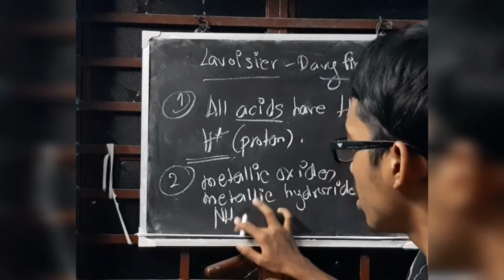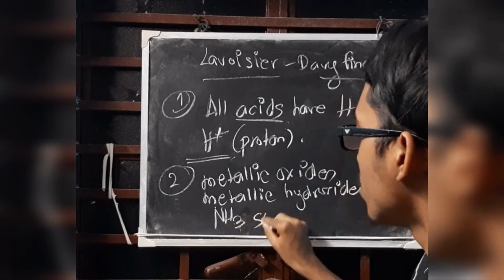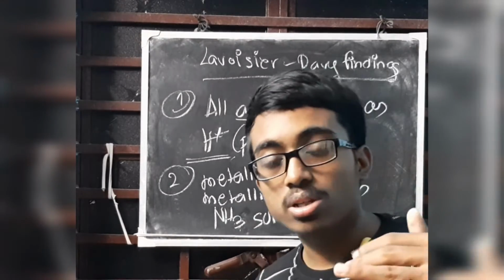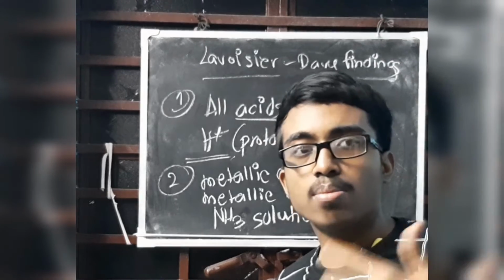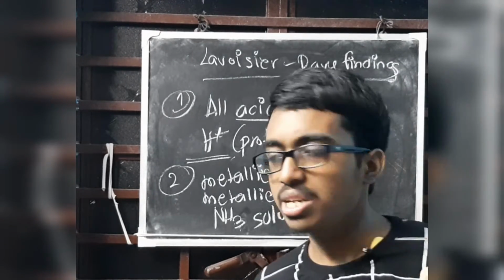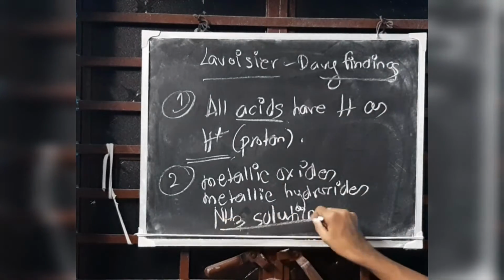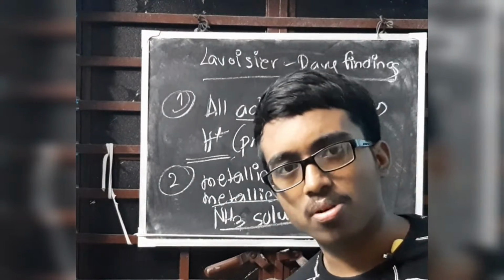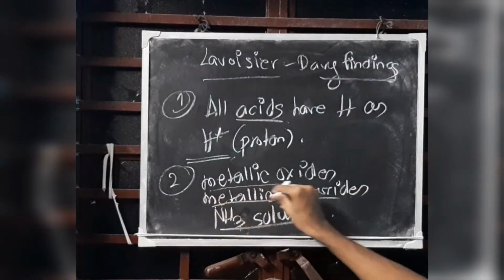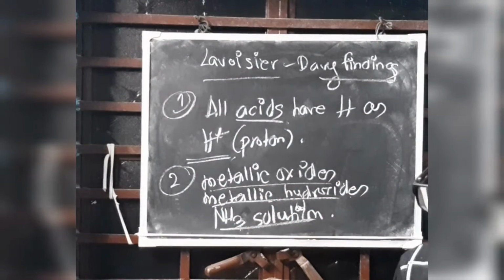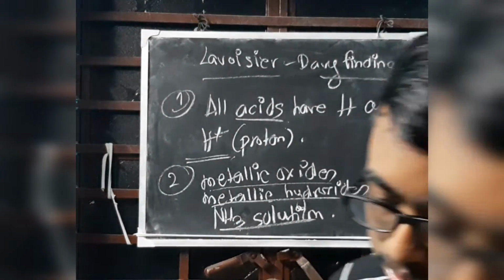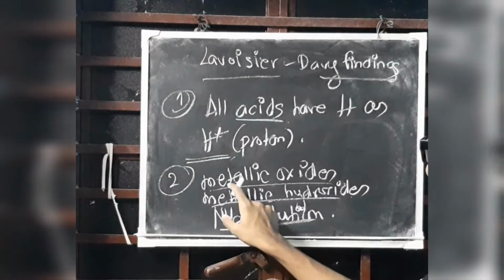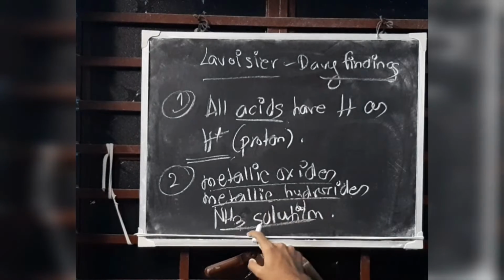So they also say that it can be an ammonia solution. Because you already know that ammonium hydroxide, ammonium chloride, they are all bases, right? Ammonium chloride is basically a salt formation. So these are the 3 things that they said: metallic oxide, metallic hydroxide, ammonia solution.